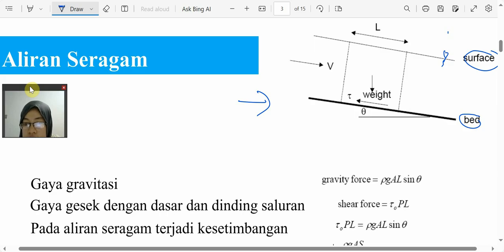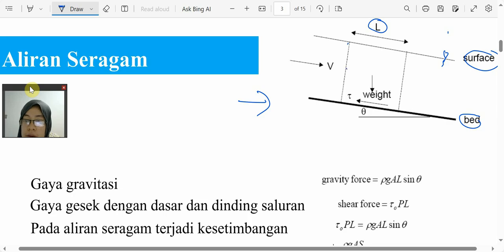So the channel has a certain slope with the theta symbol. Okay, so I want to introduce this imaginary line, or boundary line, that defines one system of the water. So this water has a particular length, L.